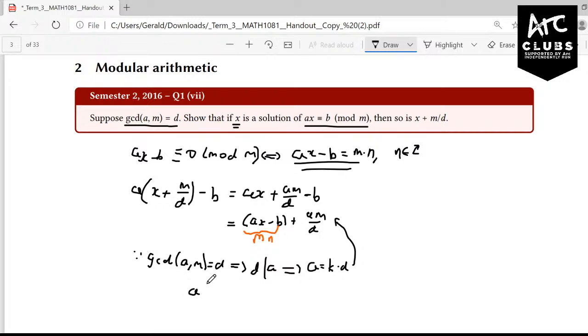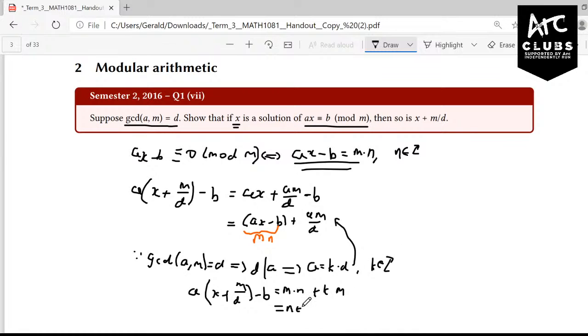And so what that means is X plus M divided by D minus B equals, well, this is going to be M times N. And over here, the D's will cancel. And so what we are left with is just K times M. And we can see that this is, I'll probably state that K is also an integer.